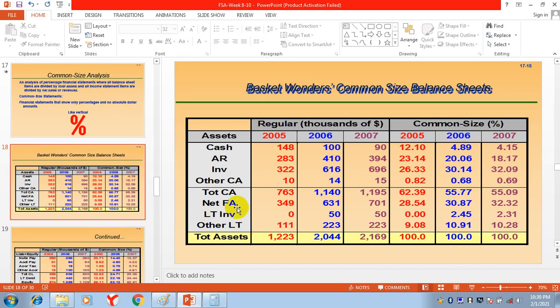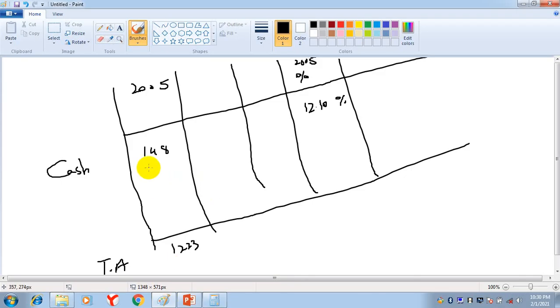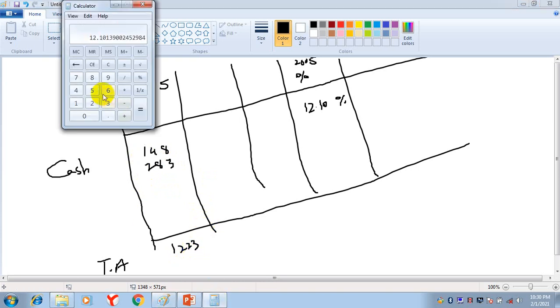Now take the second item, 283, divided by 1223 and multiplied by 100. So we will get 23.14.